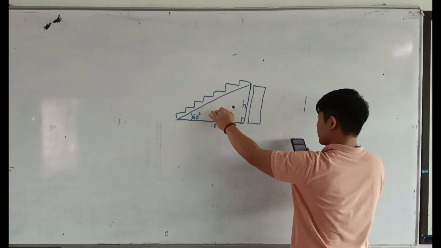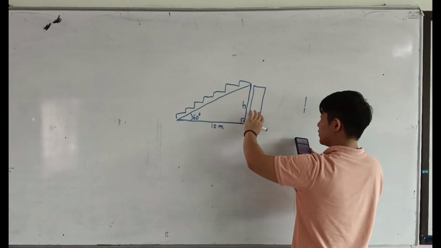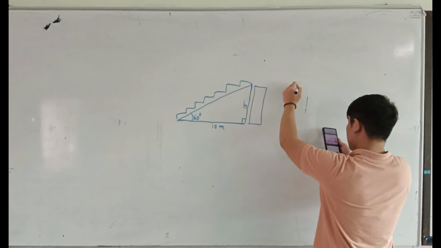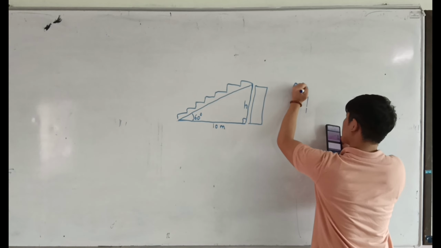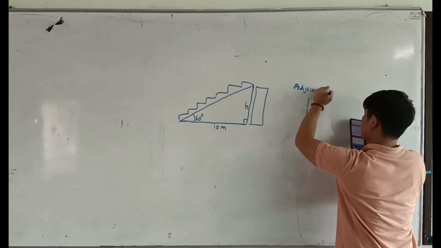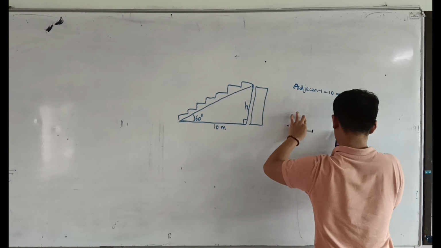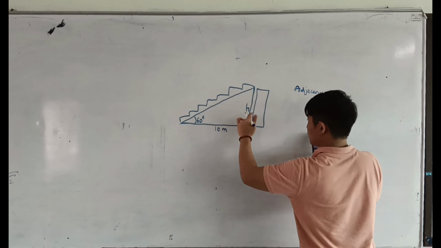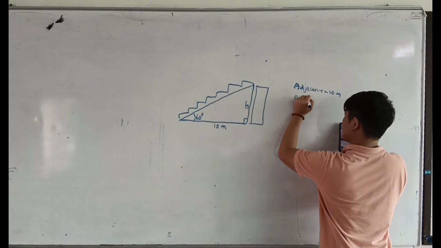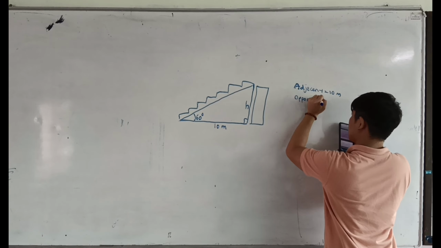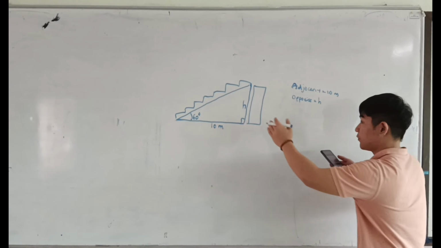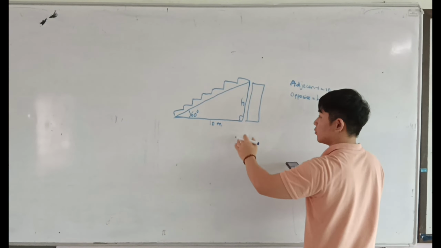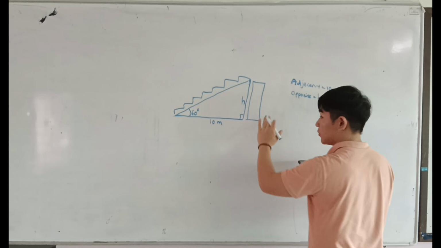The adjacent for this triangle is 10 meters, and the opposite, which is h, is the height of the building. So now we have to find the height, which is the opposite, that is h, of the building.